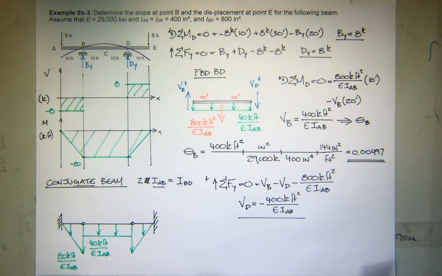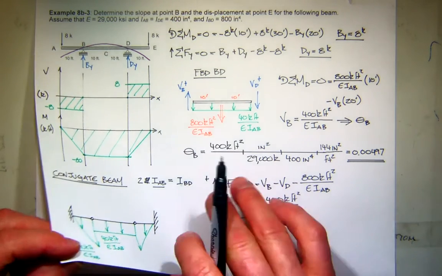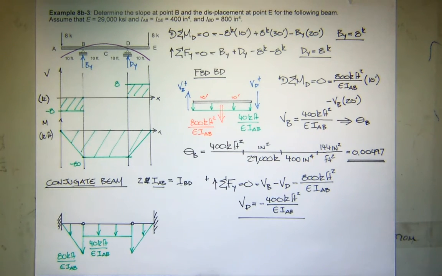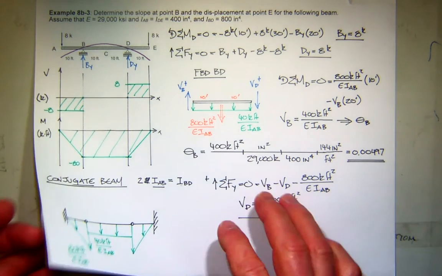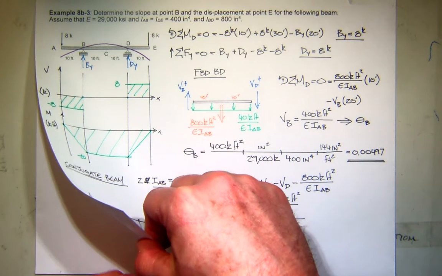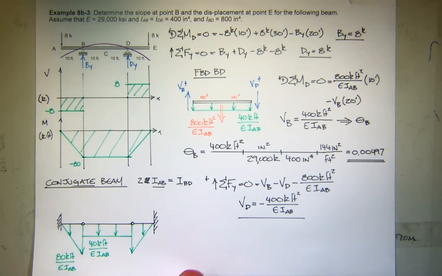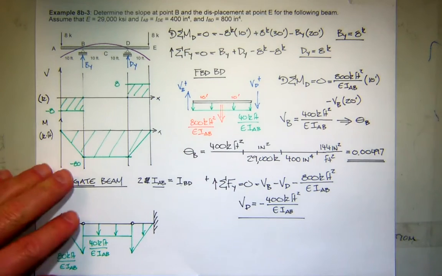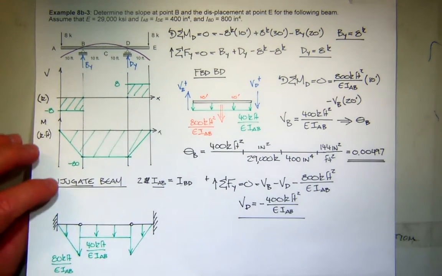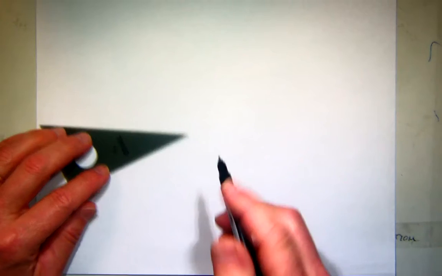So what I'm going to do is flip this up and draw the remaining free body diagram on another piece of paper. If I can do it. Having trouble. There we go. So let's flip that up and draw the free body diagram for that section.